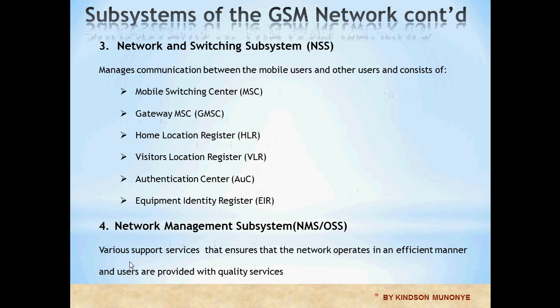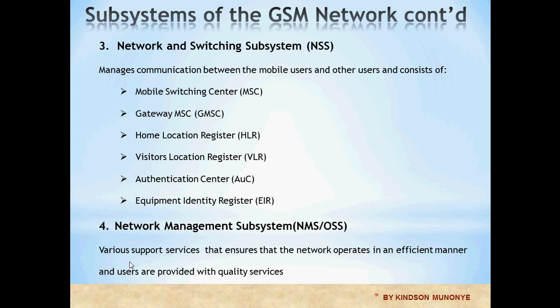So we have the network and switching subsystem. Data moves from you, holding the mobile station, to the base transceiver station, to the base station subsystem. Next in line is the network and switching subsystem, the NSS, which manages communication between the mobile users and other users, and is made up of a number of items and databases.